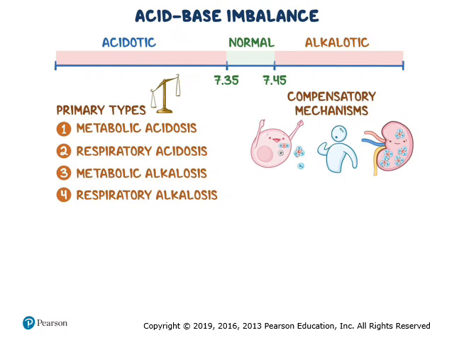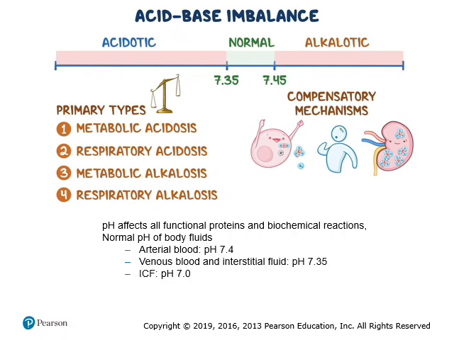So here's a picture of your acid base. What happens in acid base imbalance? Take note that pH affects all functional proteins and biochemical reactions. The normal pH of body fluids is within 7.35 to 7.45. Matter of fact, your arterial blood is 7.4, the venous blood is 7.35, and the intracellular fluid is about 7.